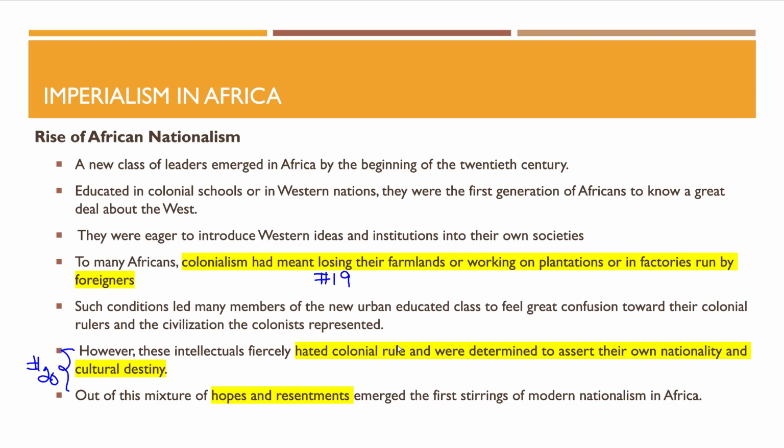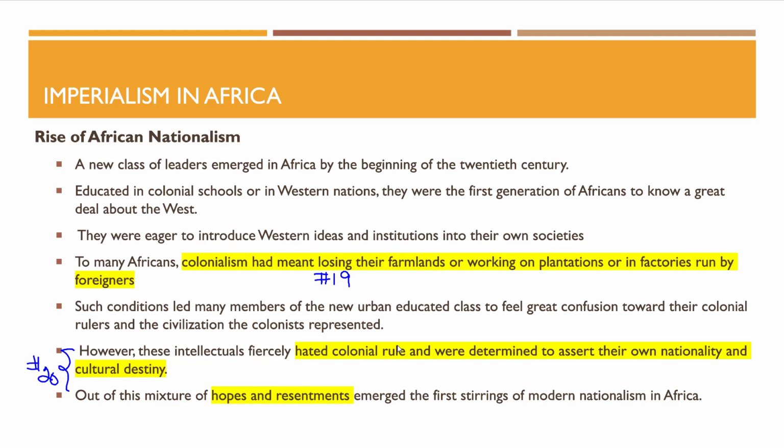And they're working in factories, and these factories are run by foreigners. They have no idea who these foreigners are. The foreigners are not doing anything for them.